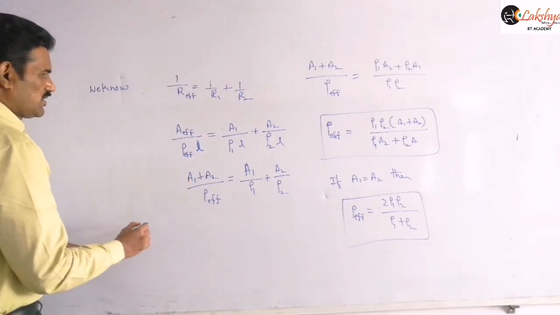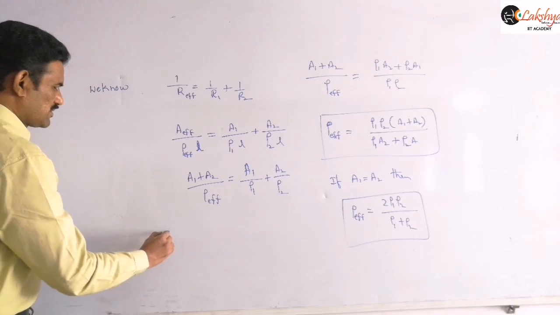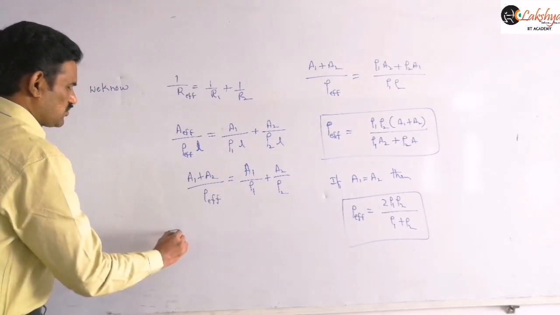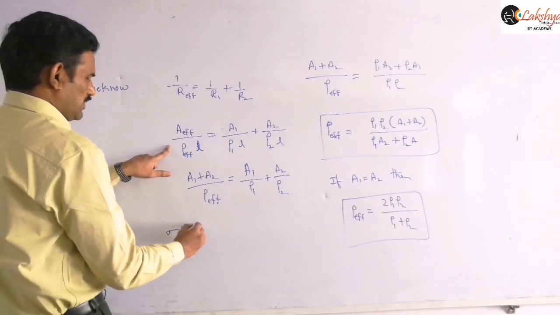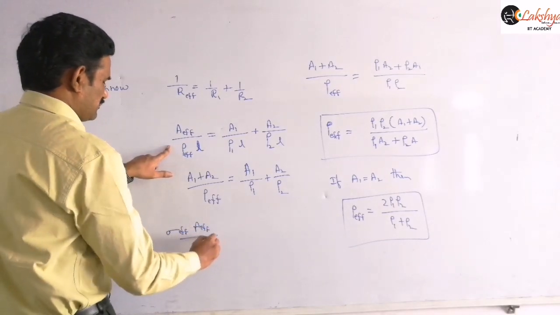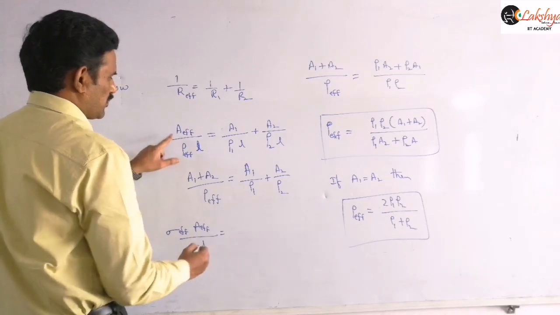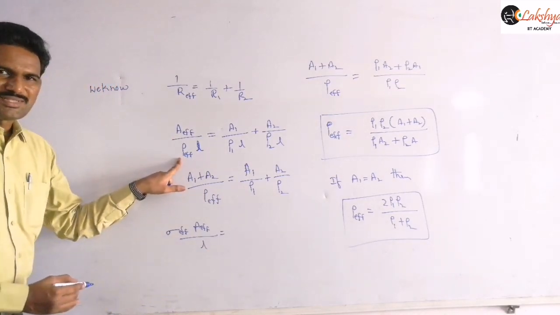In this expression we need to write in terms of conductivity as sigma effective into A effective by L, because 1 by rho is nothing but our sigma.